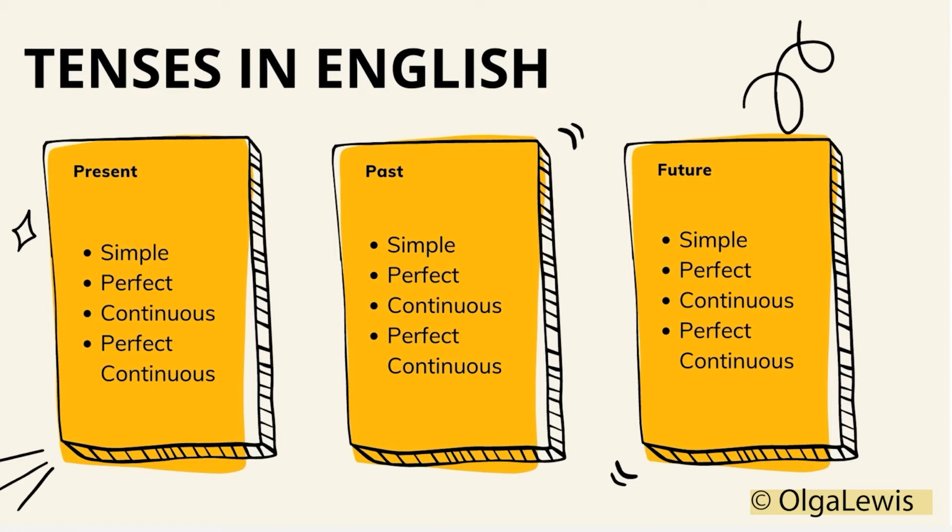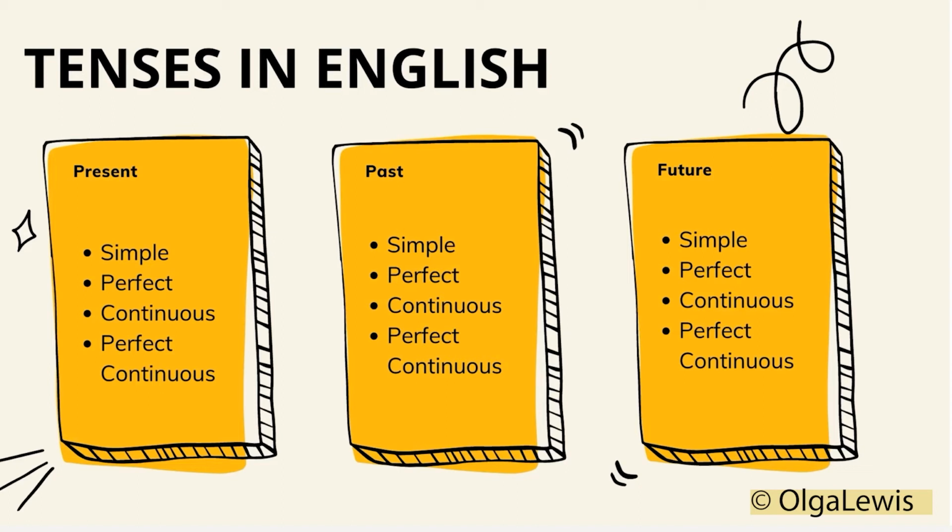And the last aspect we're looking at today is called perfect continuous. So perfect continuous consists of 2 words: perfect, which means complete, the action has to be complete or almost complete, and continuous, that shows the duration of the action. So present perfect continuous describes an action that has lasted for some time but is complete by the moment of speech, or has lasted for some time but is still going on.